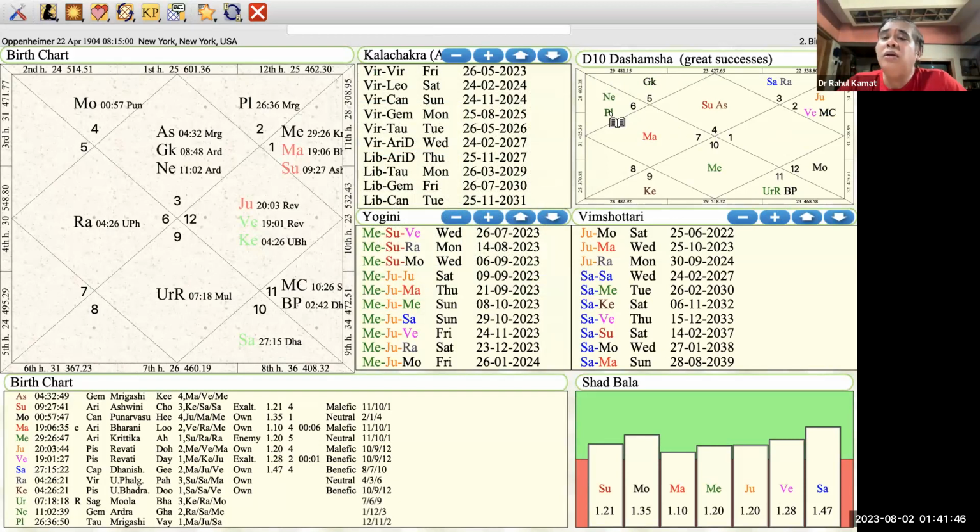So it is no coincidence that nature or God or humanity selected Oppenheimer to be the purveyor, the final designer, if I may say so, of the atom bomb. Okay, so you see these things reflected here very much.